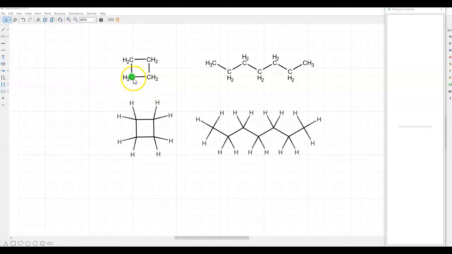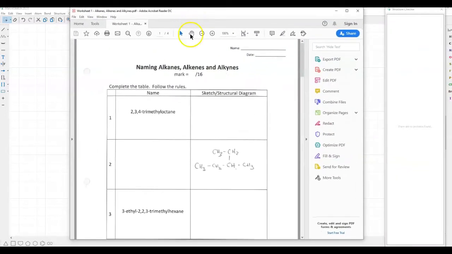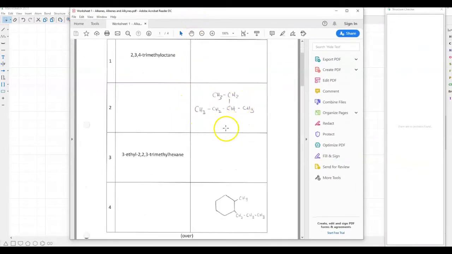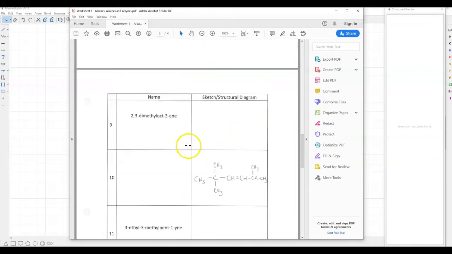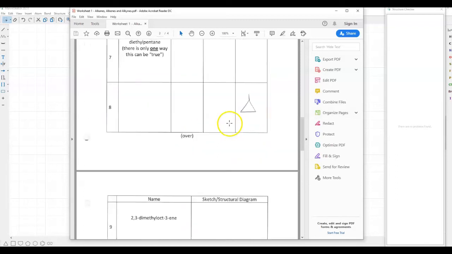So you can see that there's a carbon with 2 hydrogens attached, a carbon with 2 hydrogens, a carbon, 2 hydrogens, carbon, 2 hydrogens, carbon, 3 hydrogens, carbon, 2 hydrogens, and so on. The condensed diagrams are the ones that I tend to use most frequently because it's a little bit more explicit to show you what's going on. So there's a condensed diagram. This is a condensed diagram, and this is a condensed diagram, and so on.